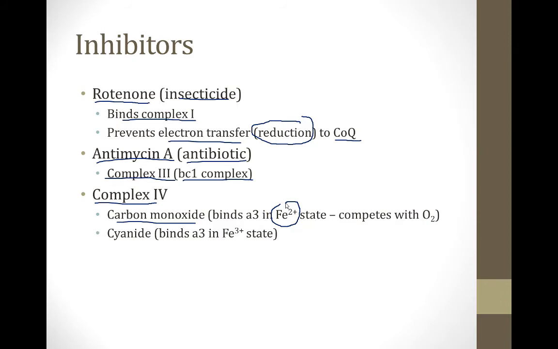But a lesser effect of carbon monoxide poisoning is that it binds the 2+ iron in cytochrome a3 and competes with oxygen for electron transfer in complex 4. A more important poison of complex 4 is cyanide. Cyanide binds cytochrome a3 in the Fe3+ state, and this makes it a very important disruptor of electron transport.